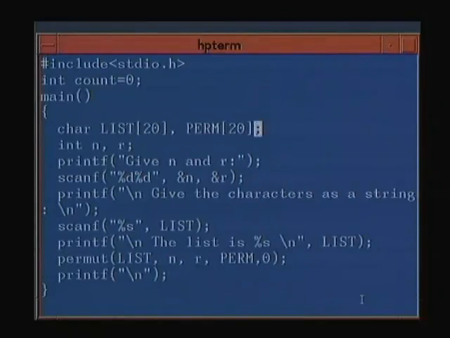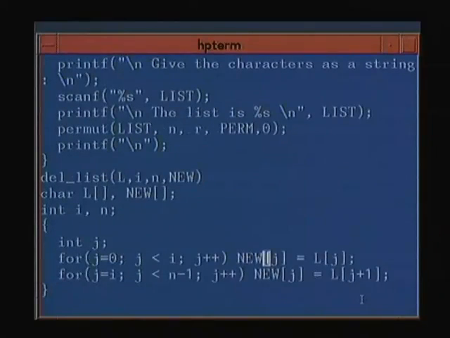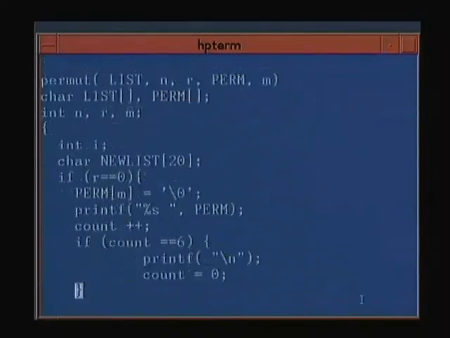So this is the main program which we were working on: character array list, integer n and r, read n and r, give the characters as a string, print the string, and then call it with list, n, r, perm, which is P, initialized to 0. We have already seen delete list and we know how it functions, so we are left to see permutations. This is identical to what we wrote down.